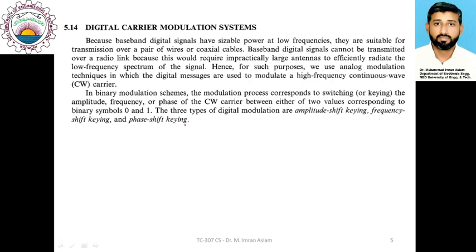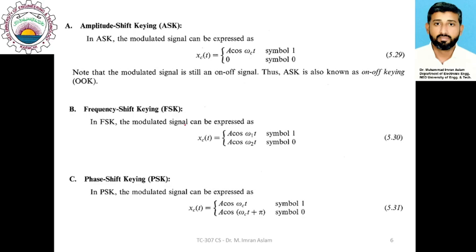For amplitude shift keying, we change the amplitude of the carrier. For frequency shift keying, we change the frequency of the carrier, and for phase shift keying, we change the phase of the carrier. So these are the mathematical representations for these shift keyings.